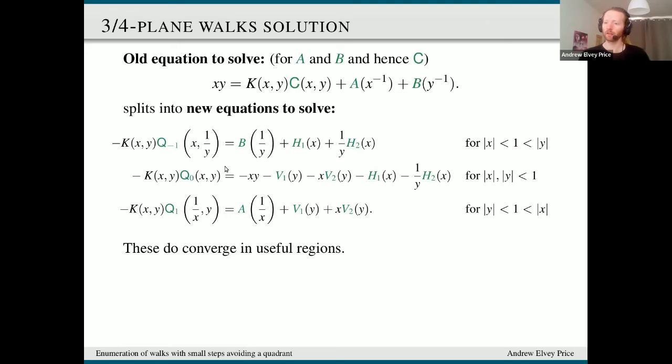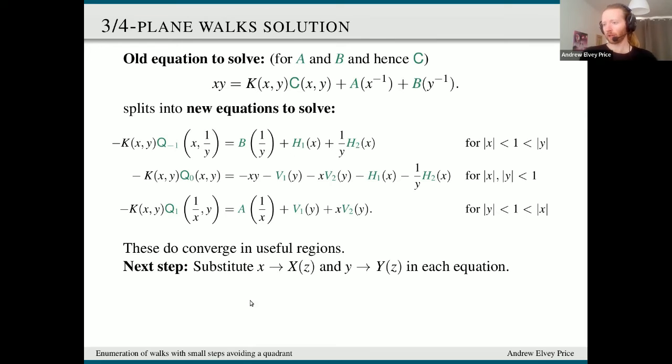But importantly, all of the series in each of these equations do converge in a useful region. Because this equation only involves positive powers of x and negative powers of y, and we chose t sufficiently small, it will converge as long as x is small and y is big.